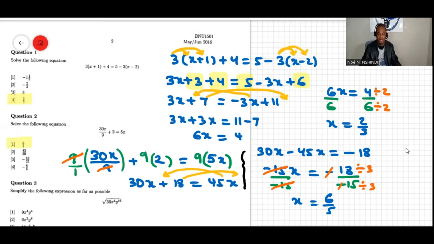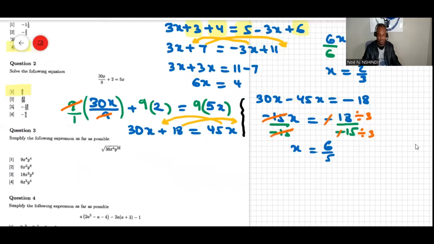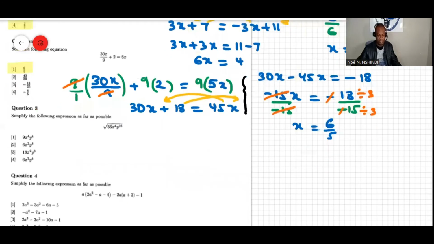Okay, and then the next question will be question 3. The question says simplify the following expression as far as possible. So we have the square root of 36x to the power of 4, y to the power of 16.